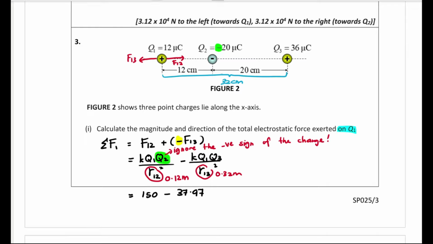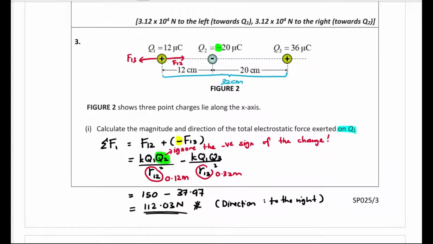Okay, so ini kalau you kira, so final answer is 112.03 Newton, unit jangan lupa. Dan jawapan kita dapat dalam positive answer, means that the direction is to the right.